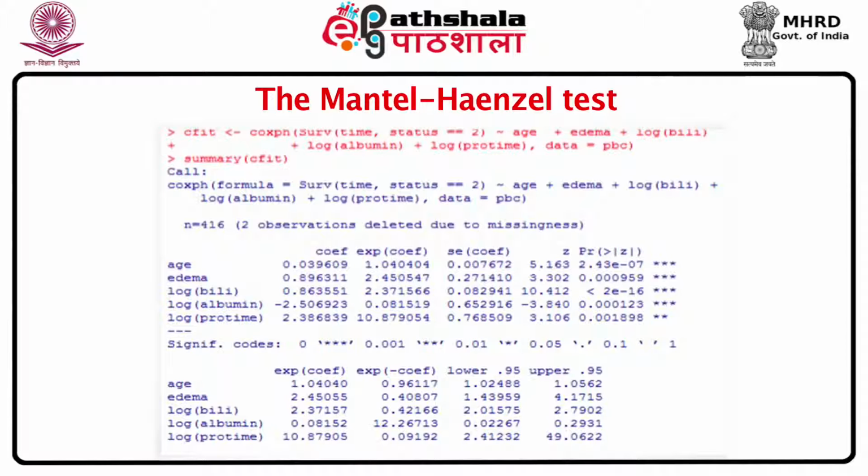The syntax also, you can see, is similar. So there is a survival object where the first variable is time, the second is censoring, and on the other side of the equation we have the usual regression formula which we have used for LM, LME and many other regression settings, and the data.